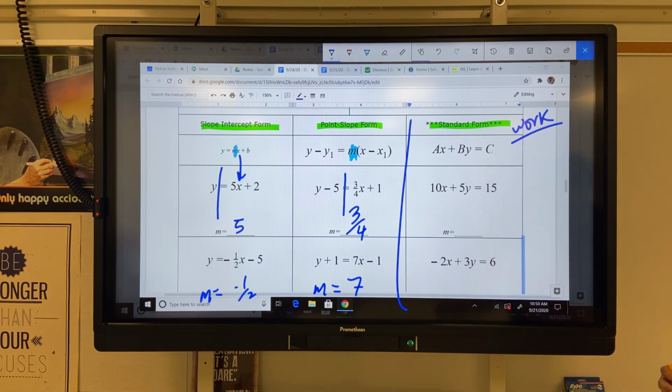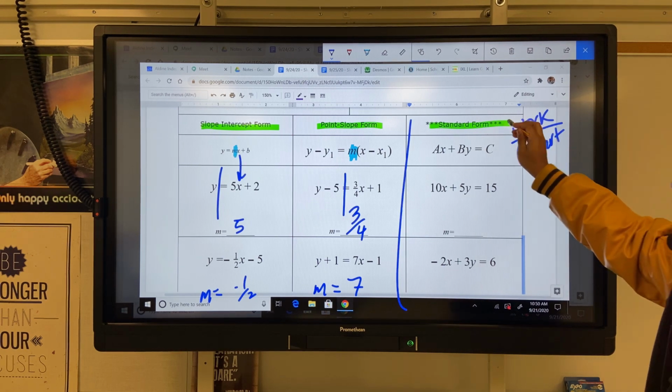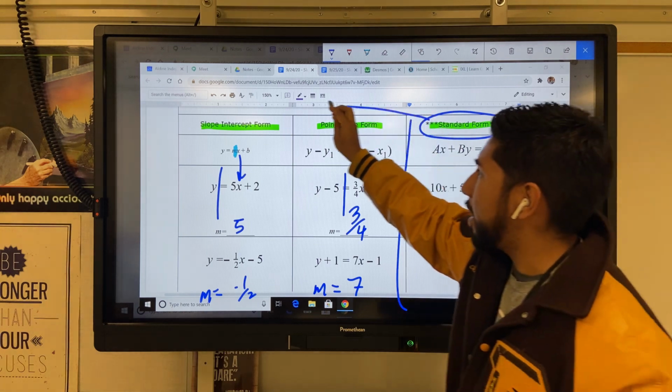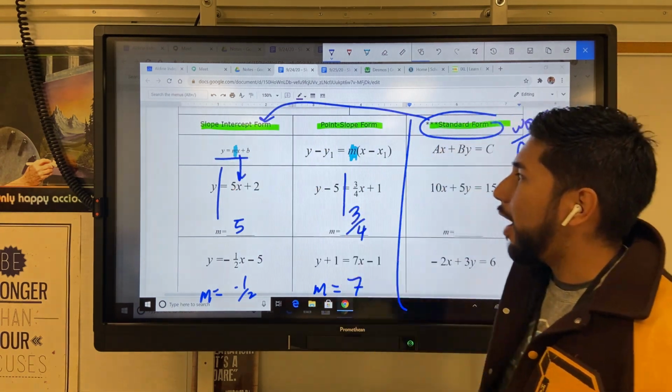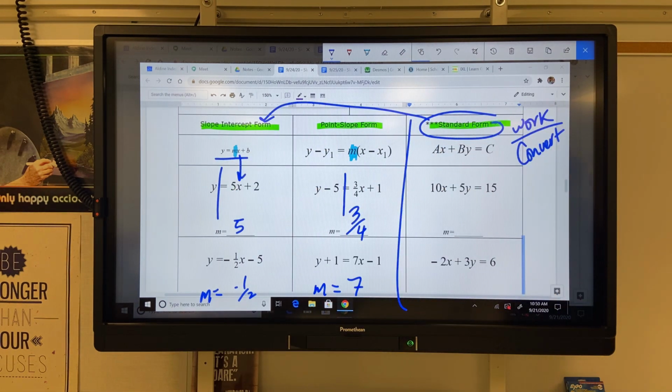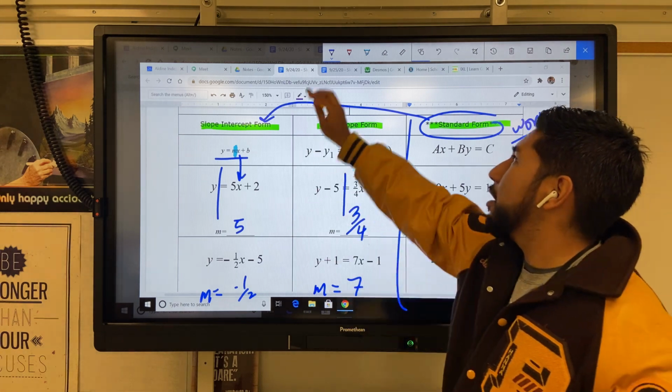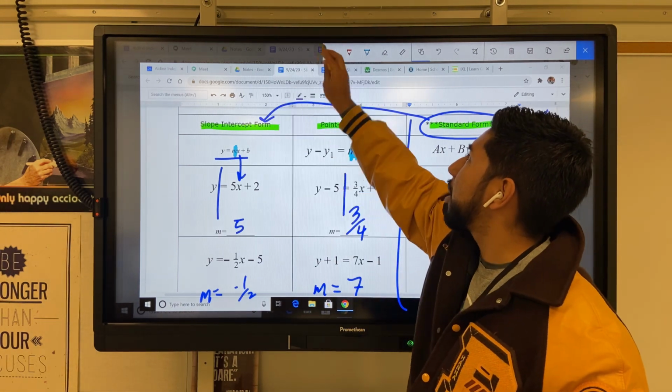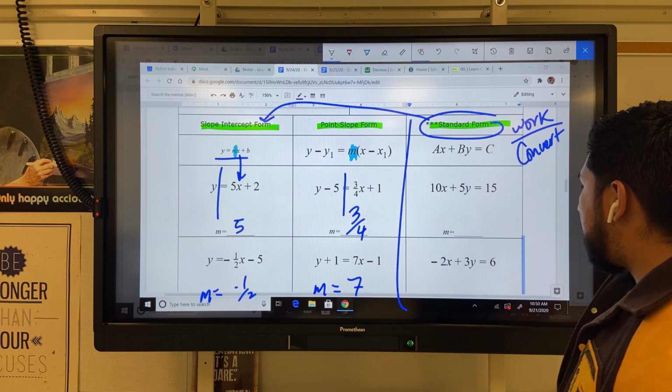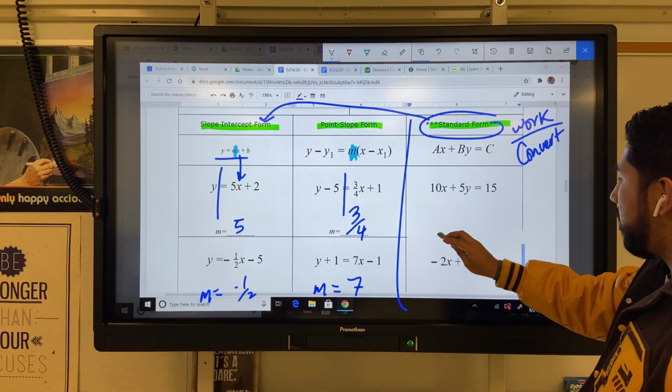So we have to convert. We have to convert this form back into the form where it says y equals mx plus b. How are we going to do that? Check it out. I'm going to erase this part, ladies and gentlemen, because I need a little bit of writing room.